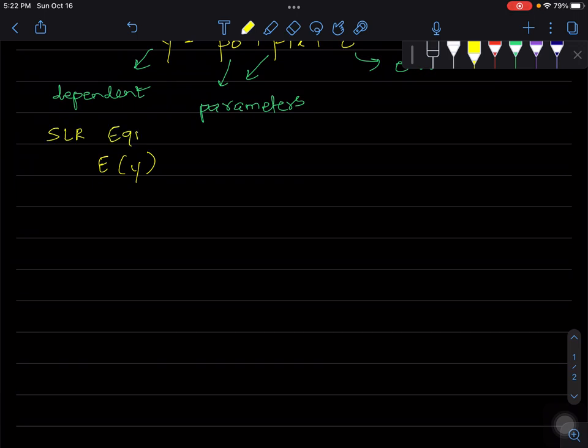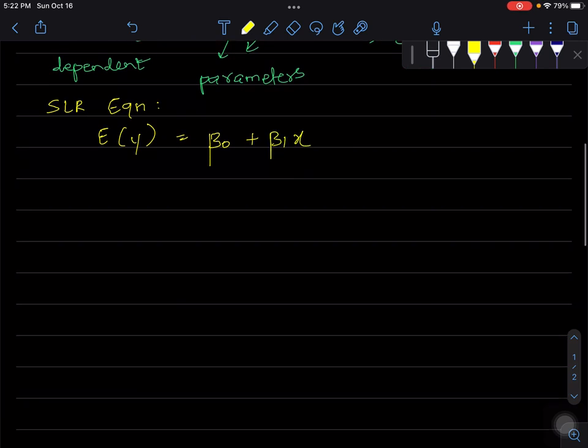It is different from the simple linear regression model. The expected value of y equals beta naught plus beta 1 x. If we plot this, it is a straight line with beta naught as the y-intercept and beta 1 as the slope of the line, and E of y is the expected value for a given value of x.